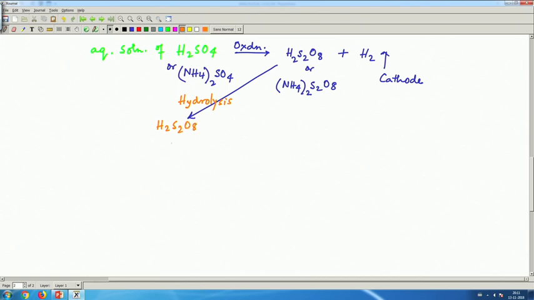As we have seen, hydrolysis means we have to use water; the lysis means the breaking down. So, hydrolysis means utilizing water for breaking up of this material to H2SO5 plus H2SO4 back.